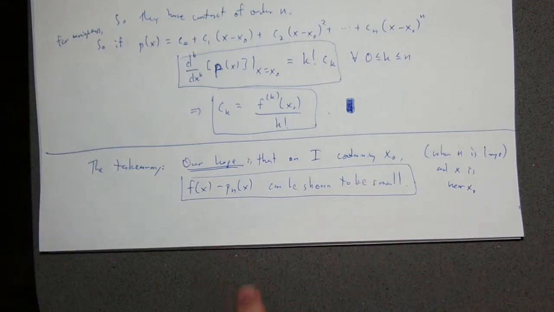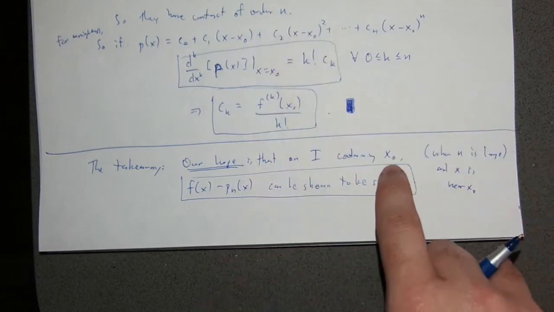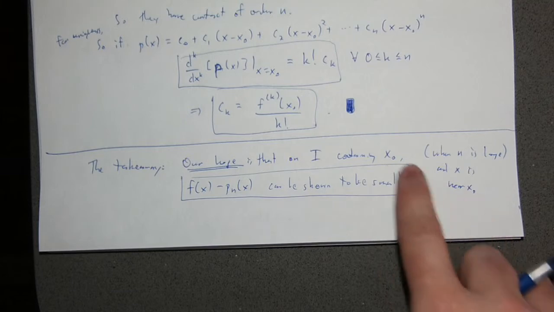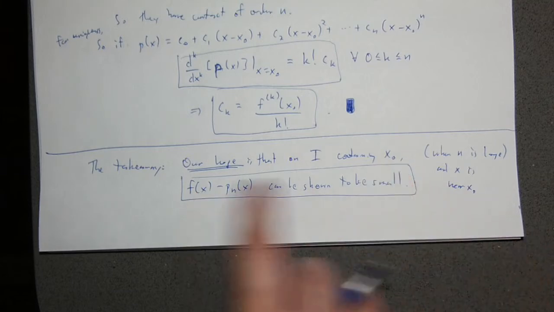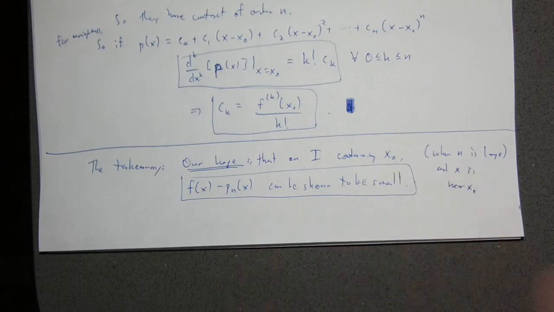Since we're talking about this order of contact exactly at the point x naught, our hope is that if we take an x that is close to x naught and the order of contact is large enough, so up to the 20th derivative they agree, you would hope that this can always be shown to be small.